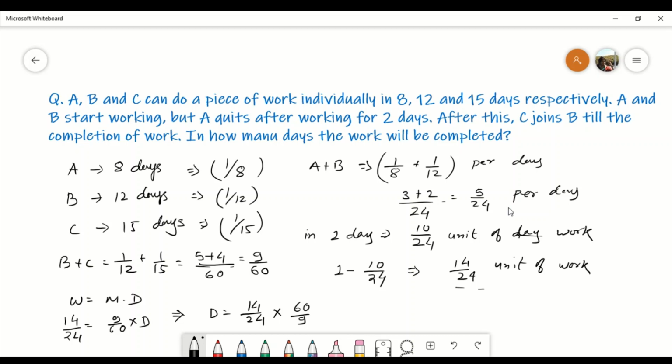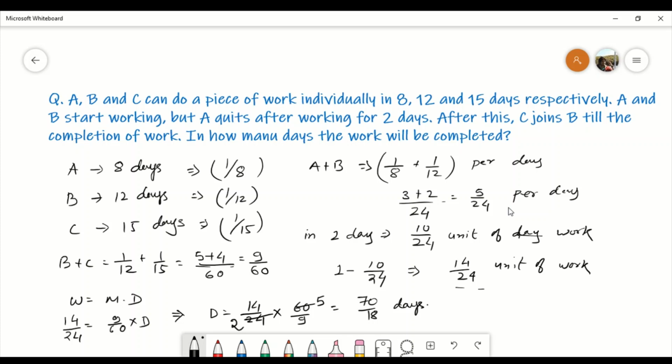So if you divide this by 12, so this is 2, this is 5, which is 70 by 18 days. So this is the amount of time that B and C will take to complete the job.